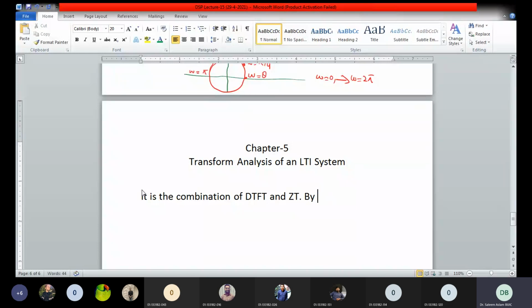By combining both analysis transforms, we can have very good analysis data, right?